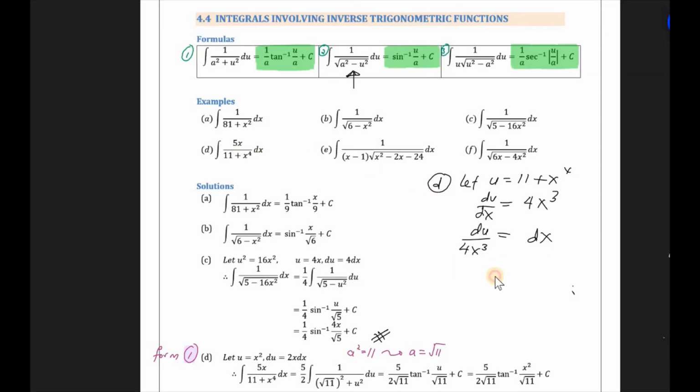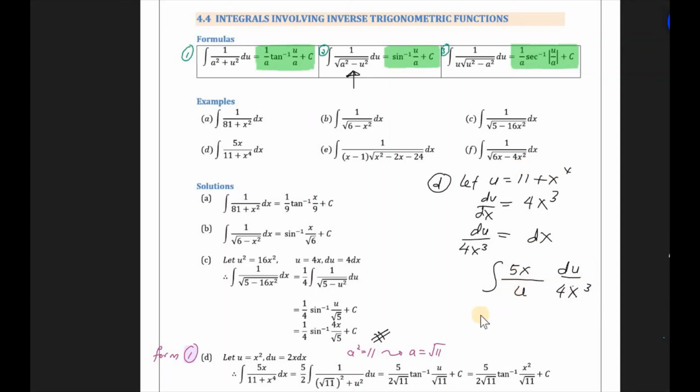As you substitute, make sure you substitute everything. So here we still have 5x, dx is du over 4x power 3, and u. Up to this level, you cannot integrate just yet. You will see that there is still x, and as you cancel, still have x squared.